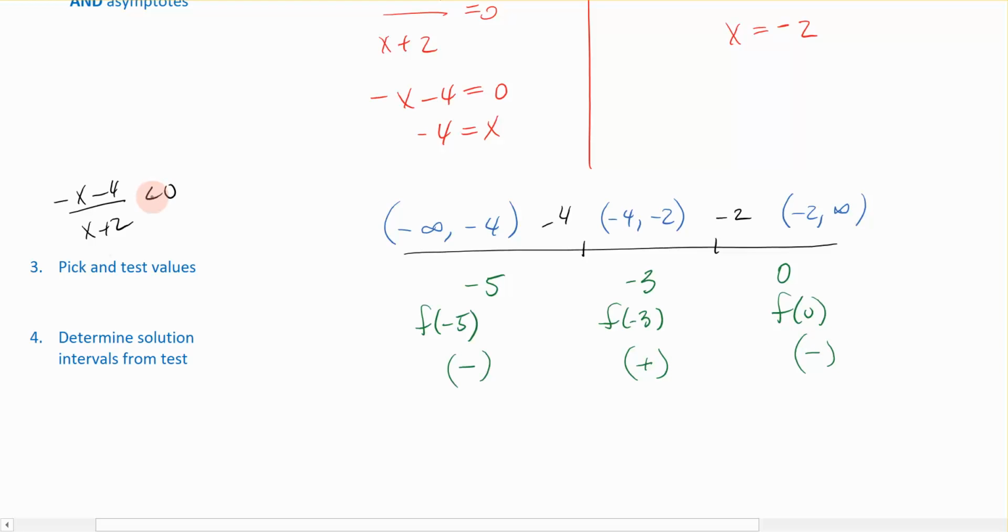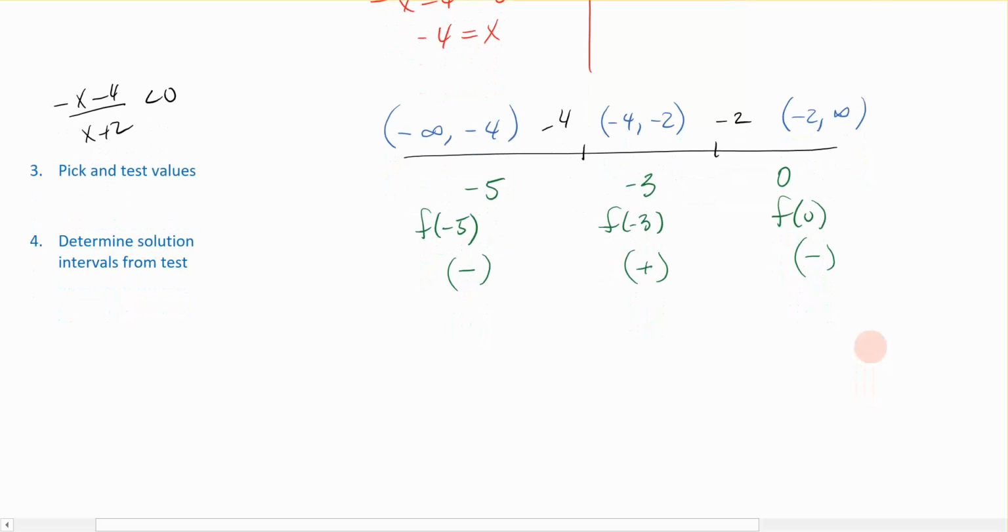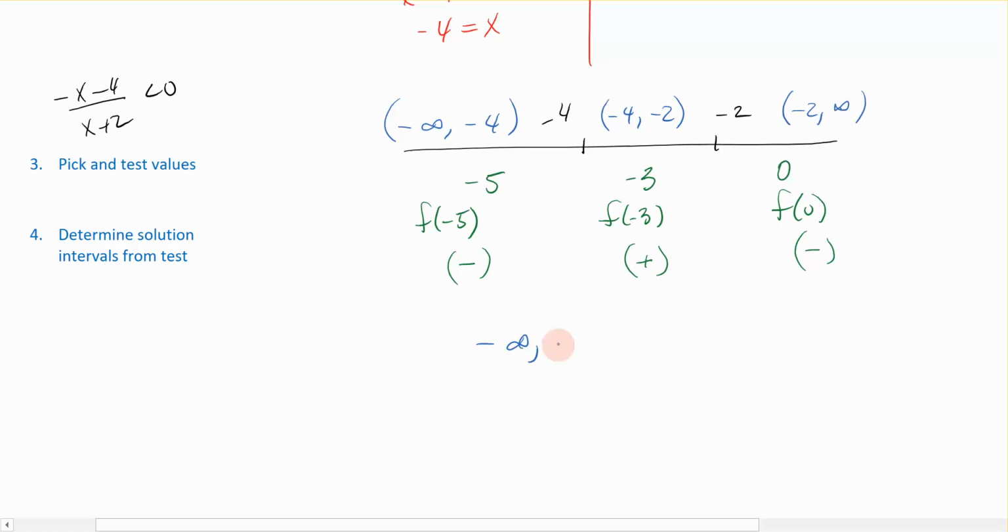Now my function is asking me for where the inequality is less than 0. So that is occurring at these negative values, which are on the ends. So my solution set is going to look like from -infinity to -4, union -2 to infinity.